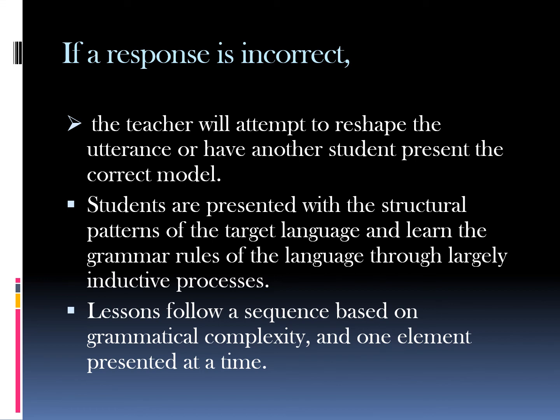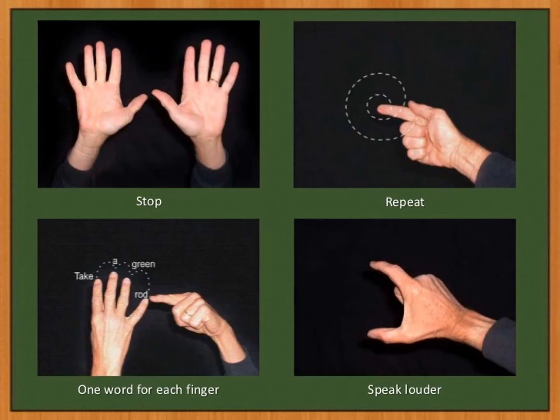Lessons follow a sequence based on grammatical complexity and one element is presented at a time. As you can see, these are some of the hand gestures used by the teacher to make students understand what he or she is trying to convey. It's basically hand gestures without any words.